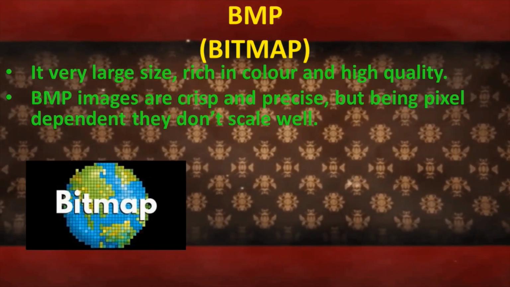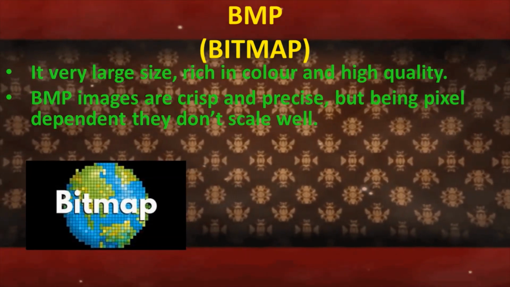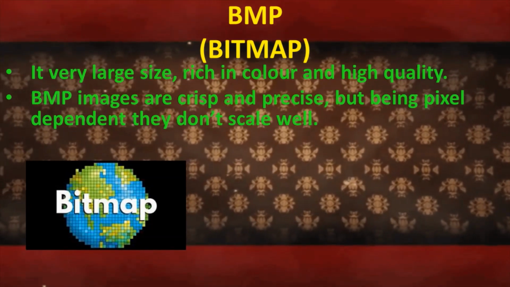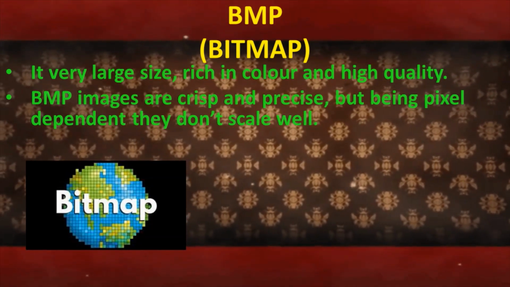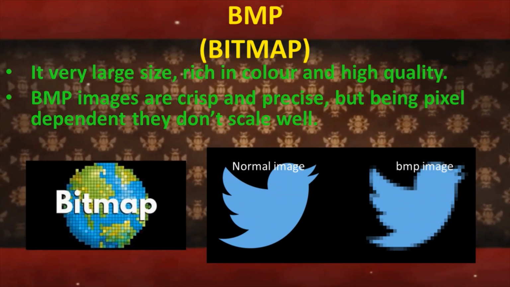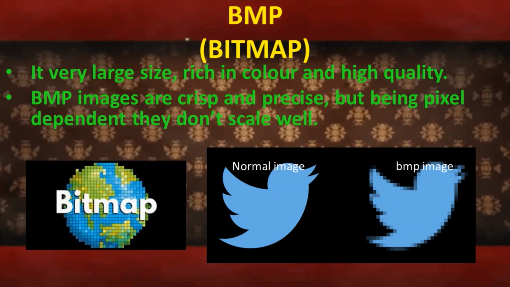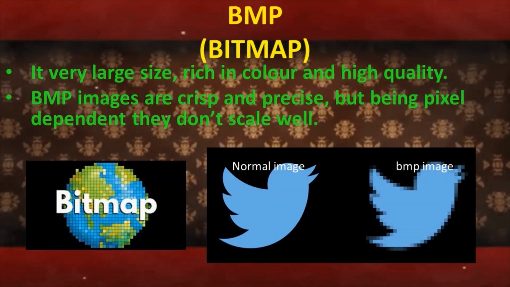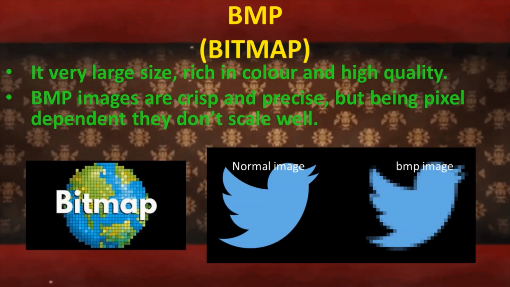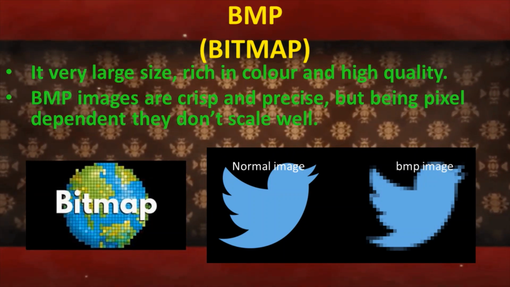So it will not give you a proper image, as whenever you zoom it, it will show you squares like this. I will give another example. Your normal image will be like this and a BMP image will be like this. So whenever you zoom, you will not see that image clearly. You will see that image like this, scattered. Why is it so? Because the image is saved as small pixels.